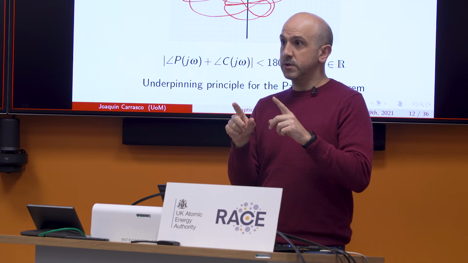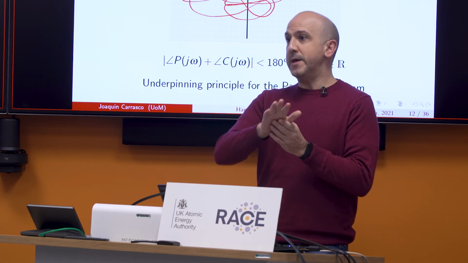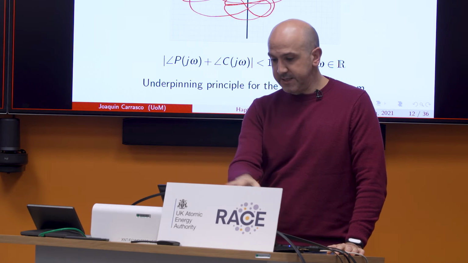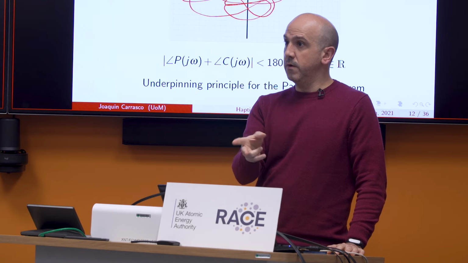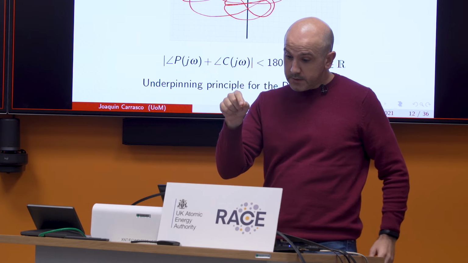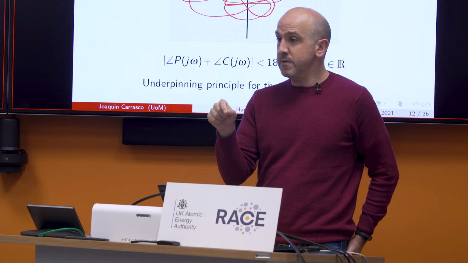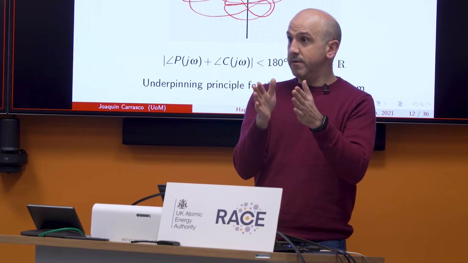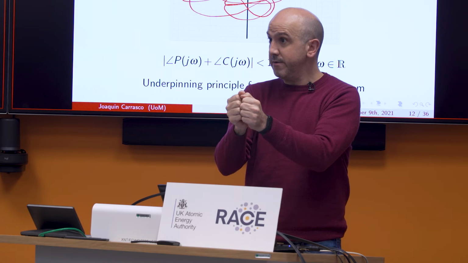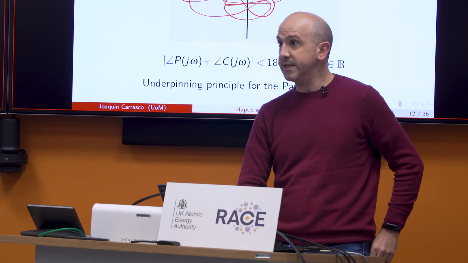Okay? So you are right. If you say what is a passive system, if we just take P, then everything will be in the positive real part. But this diagram is just the addition of both of them, and it's the reason why, with the passivity theorem, you are asking each of them to be between -90 and +90, and then when you put them together, the phase never can reach the -180 degrees.